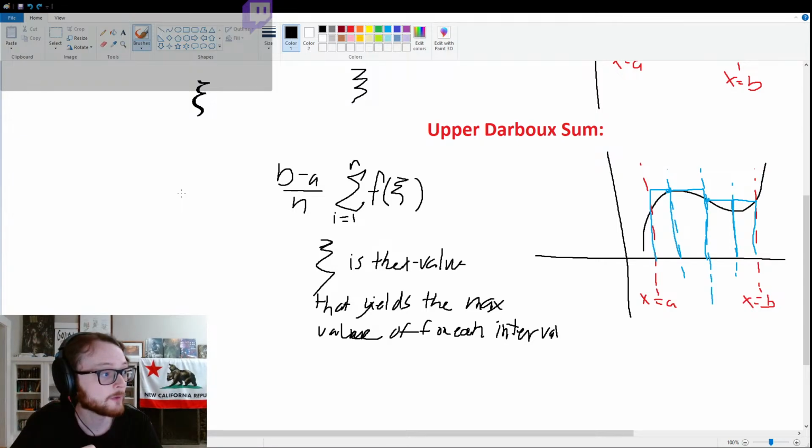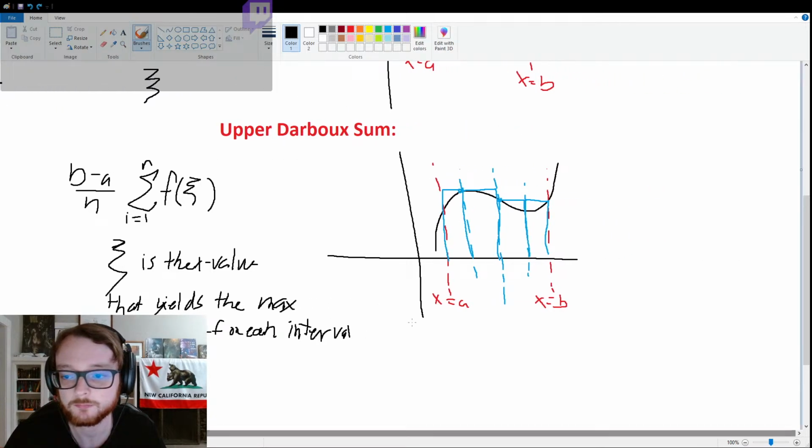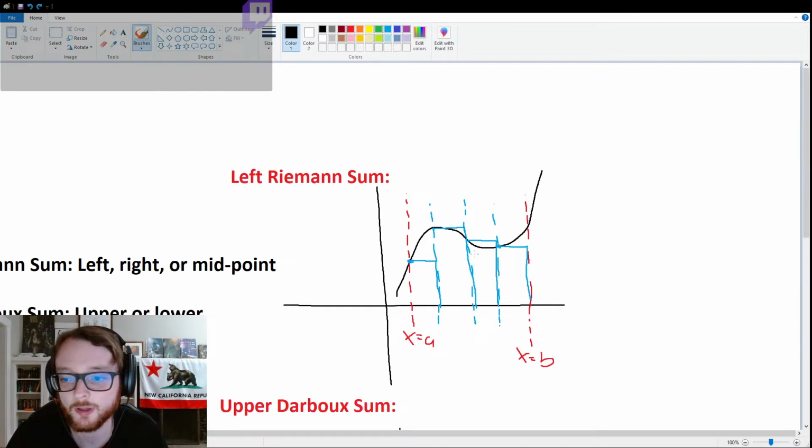Right, inside of each partition is where you do the left, middle, or right exercise for a Riemann sum. So if you put it into 4 partitions like I did here, you would always take the left side in each interval, or you'd always take the middle, or you'd always take the right inside of each of these.